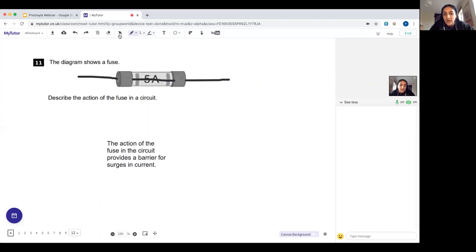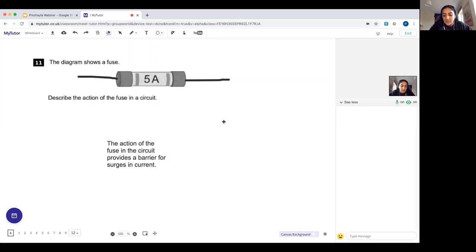If that wire becomes too hot, it melts, and it becomes too hot if it gets too much current. It will melt and cause a break in the circuit. If there's a break in the circuit, current can't flow and the component or the device stops working.